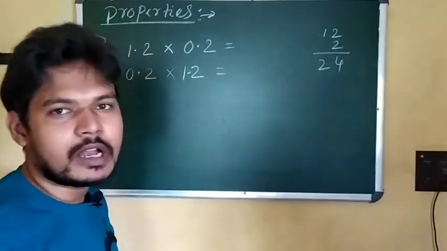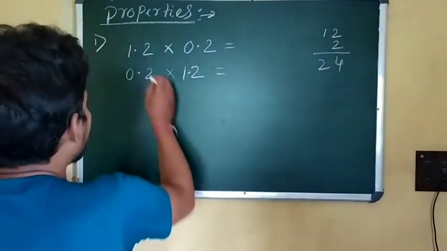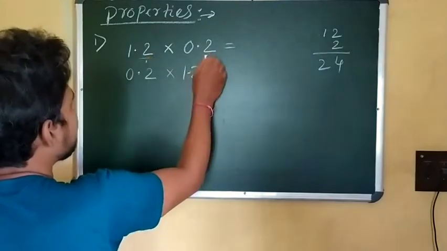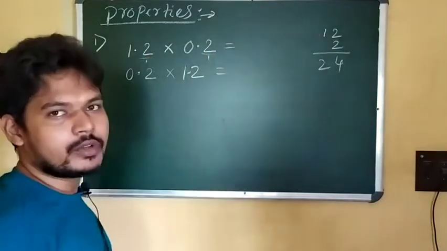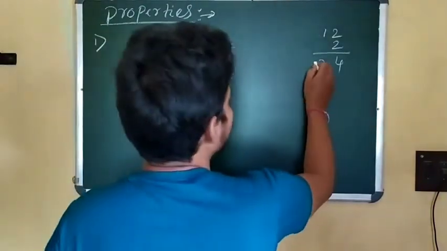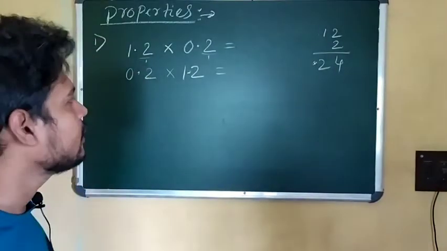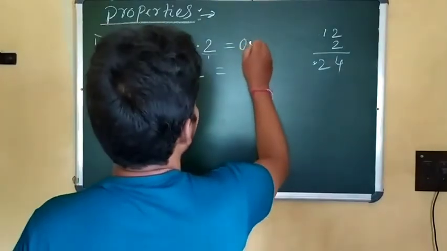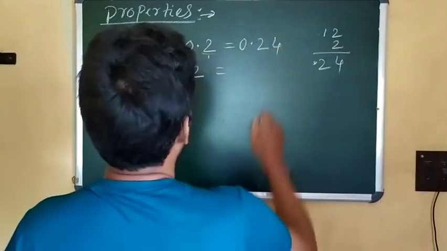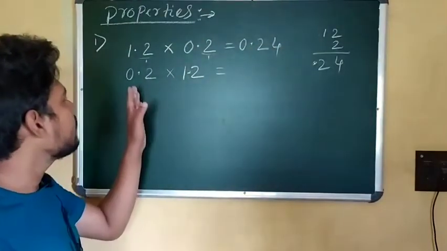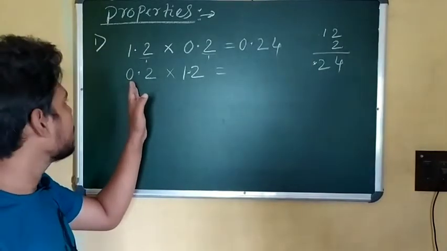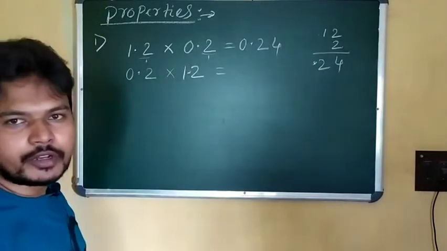Now you count how many digits are written. In the first number 1 digit, in the second number also 1 digit. So you have to place this decimal point 2 digits to the left. Okay. So our answer is 0.24.